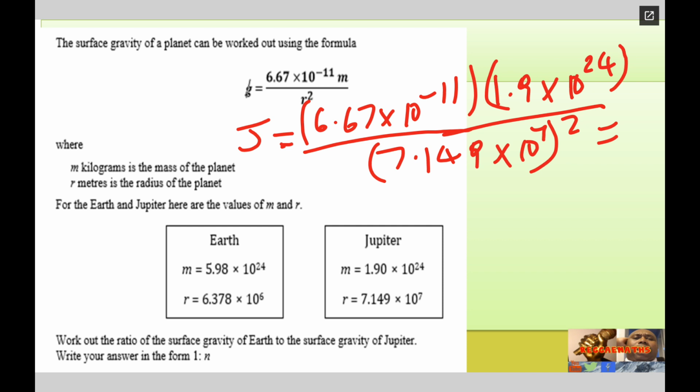All of that in the calculator gives you 24.8.